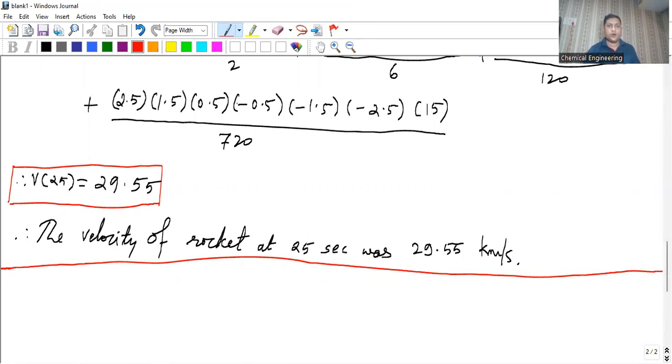Is there any doubt in this example? No, sir. All of you got this example? Yes, sir. Okay, so we'll go for another example now.